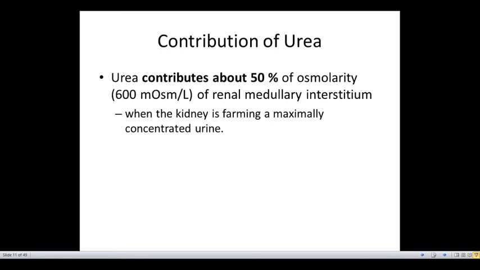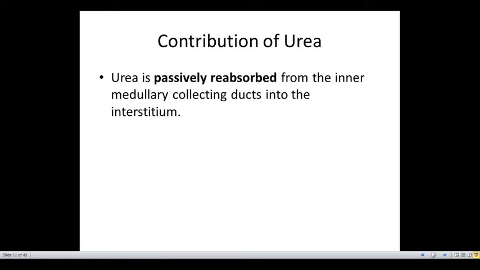However, urea contributes about 50% of osmolarity, that is 600 milliosmoles per liter of renal medullary interstitium when the kidney is forming a maximally concentrated urine. Urea is passively reabsorbed from the inner medullary ducts into the interstitium.